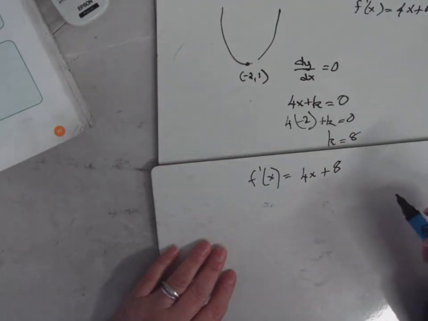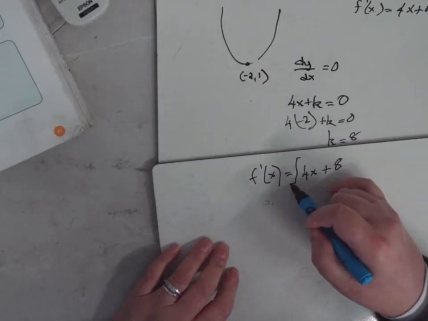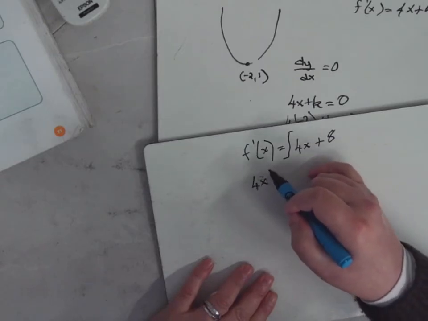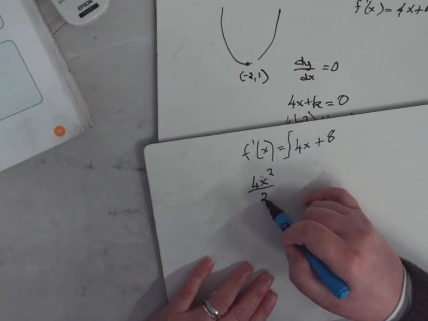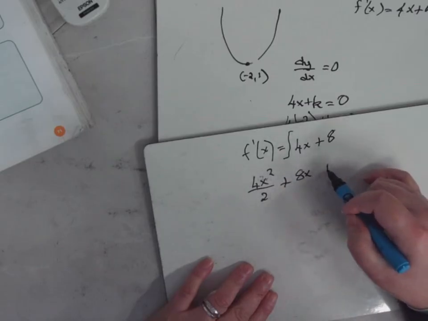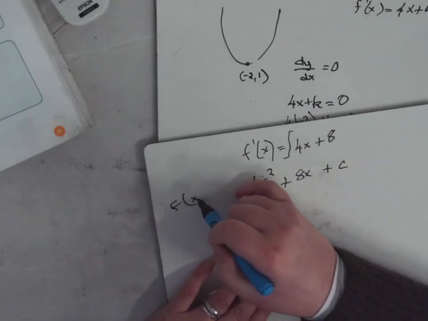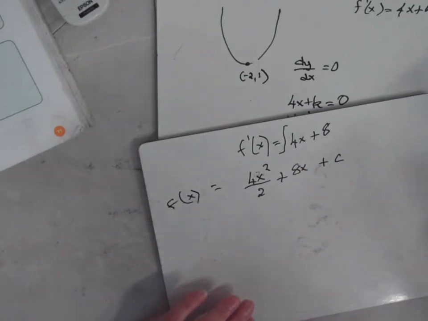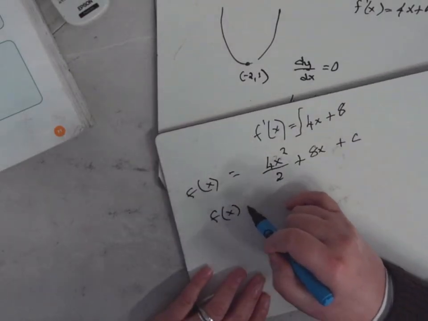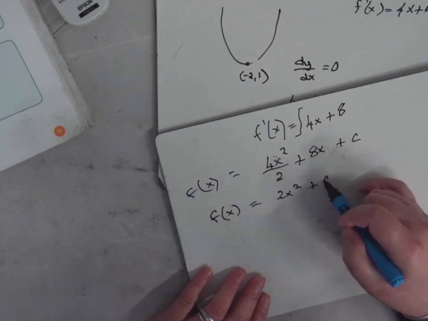So you want to integrate that. 4x, increase the power, squared, divide by the new power. 8 becomes 8x, and then we have a plus c. So that's what the original curve looked like. I can simplify that: f of x equals 2x squared plus 8x plus c.